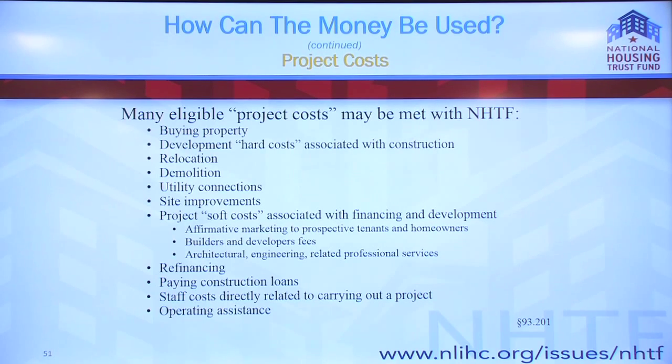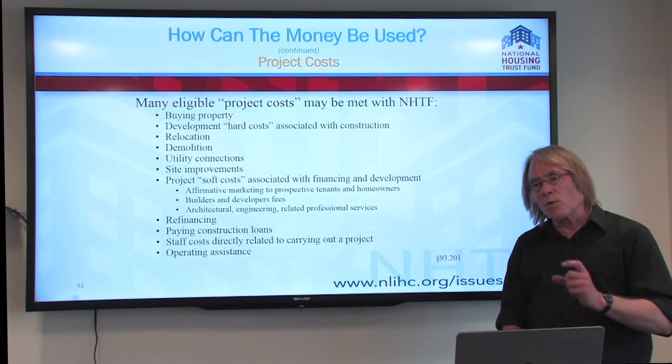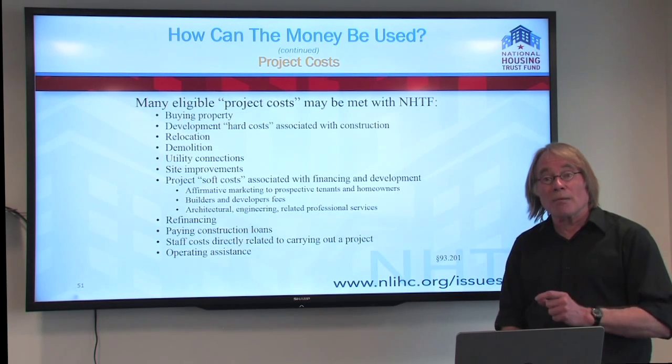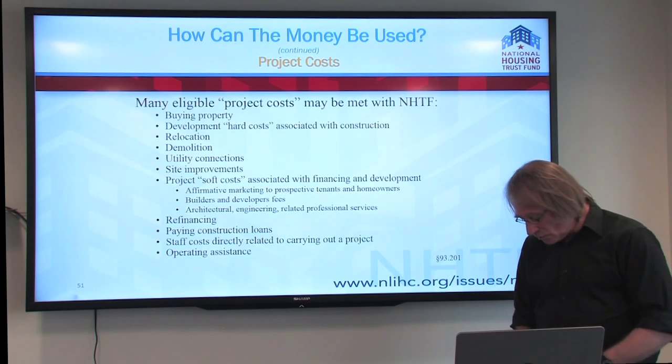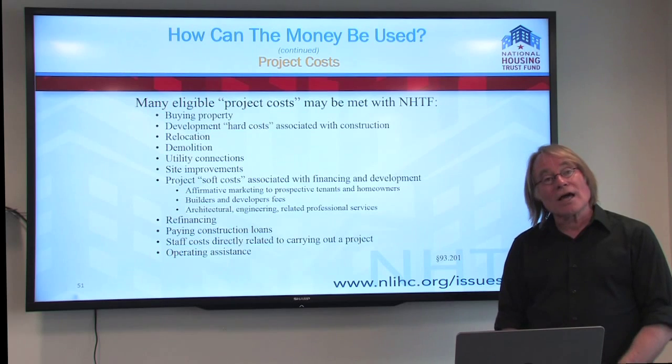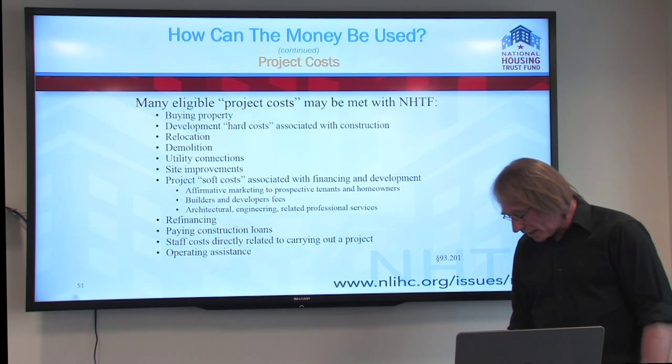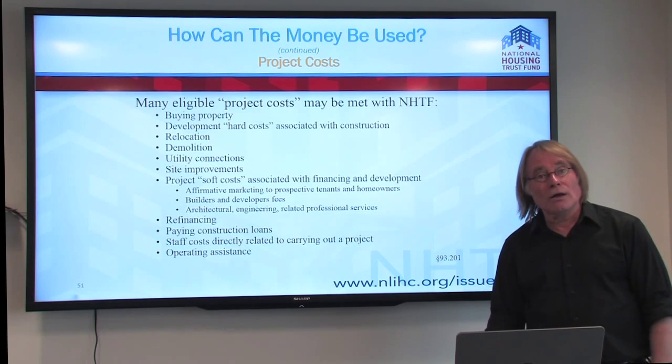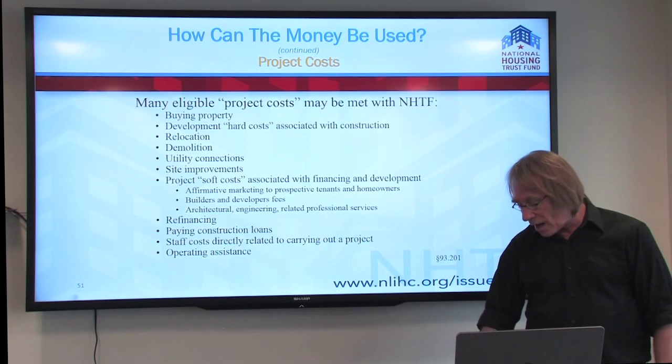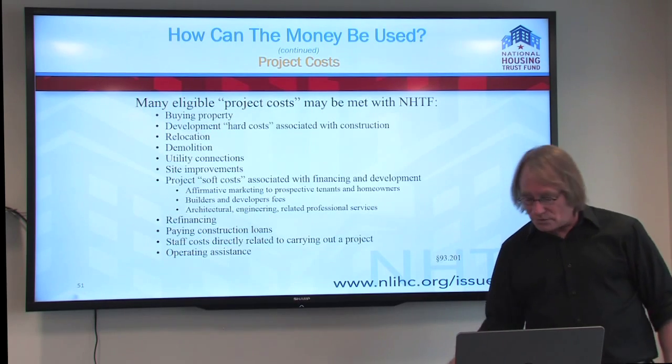You can use trust fund money for refinancing, but only if that's a small part of the overall use to rehab a particular trust fund assisted property. You can use it for construction loans and staff costs directly related to carrying out a project. In addition, you can use trust fund money for operating cost assistance, which is the next topic.